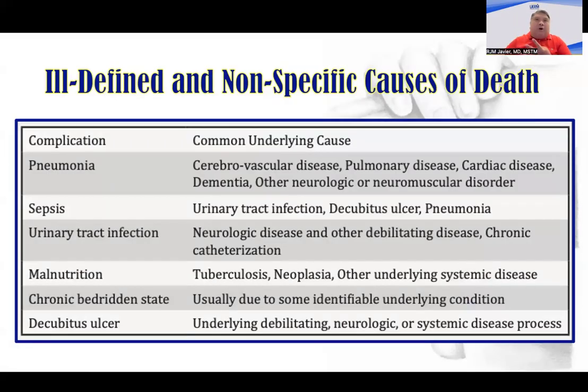So CAP on top of HAP on top of VAP. So medyo marami. Or when you say sepsis, is this sepsis secondary to a urinary tract infection? Is this urosepsis? So you need to specify the underlying cause if you want to be very specific.